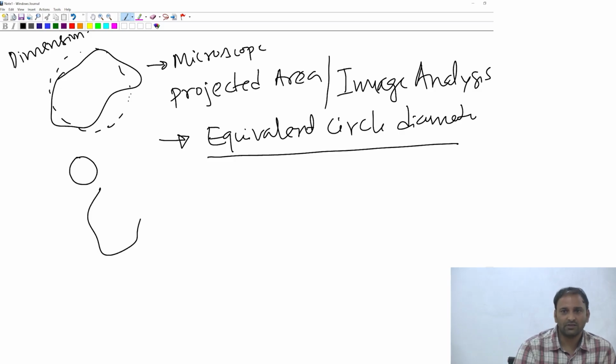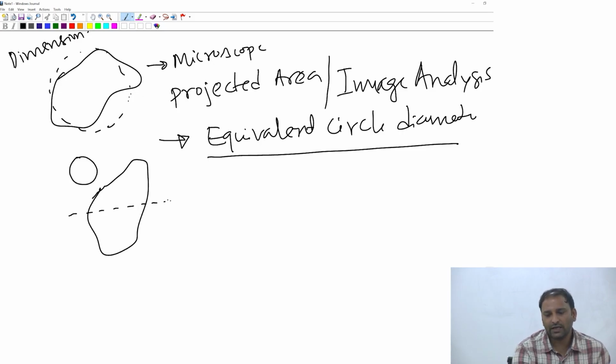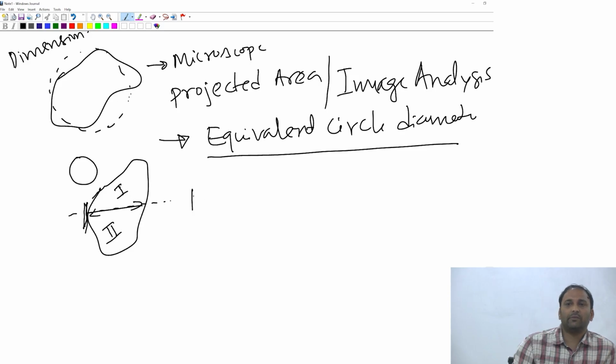There are other methods. In one of the methods, if this is your area, you draw a bisector such that the area on one side of the bisector and the area on the other side are the same, and I say that the length of this bisector is the dimension of the object.